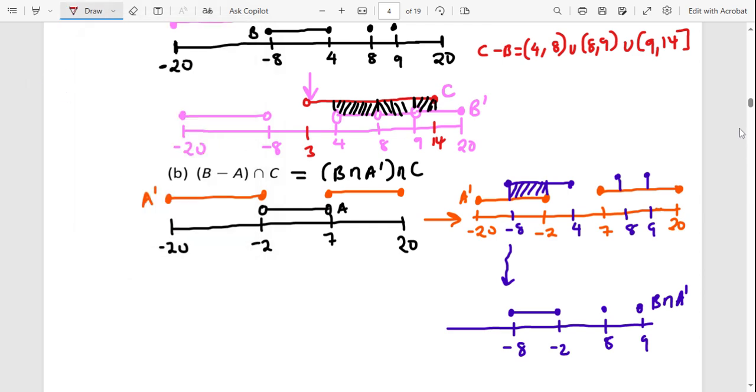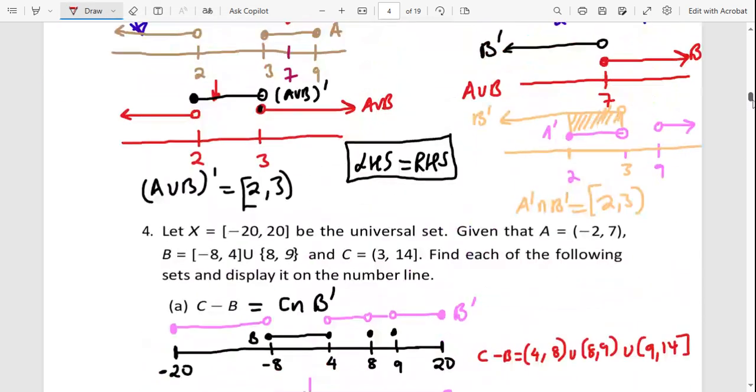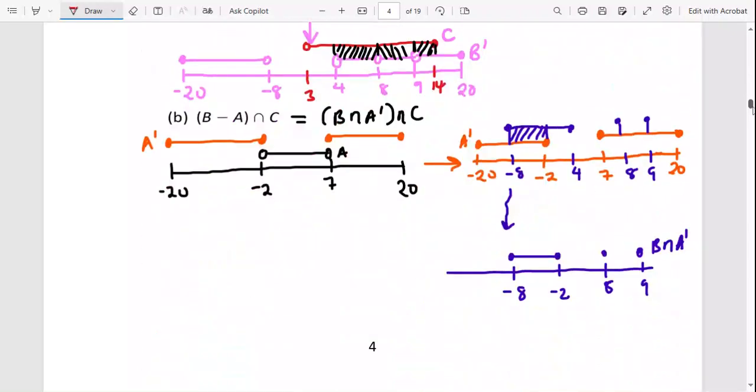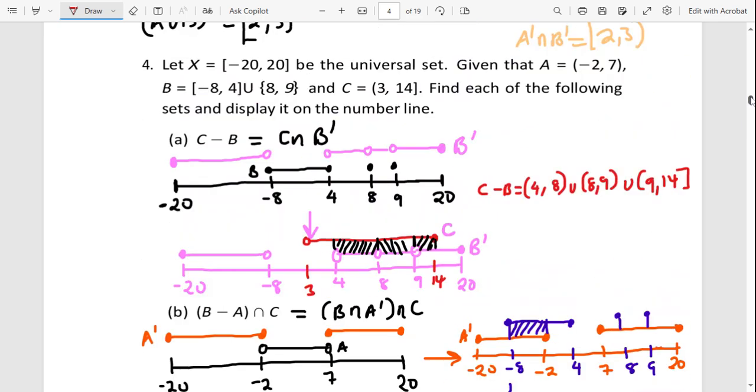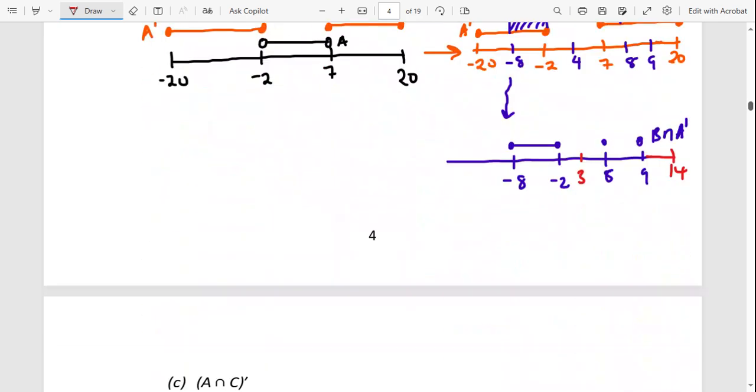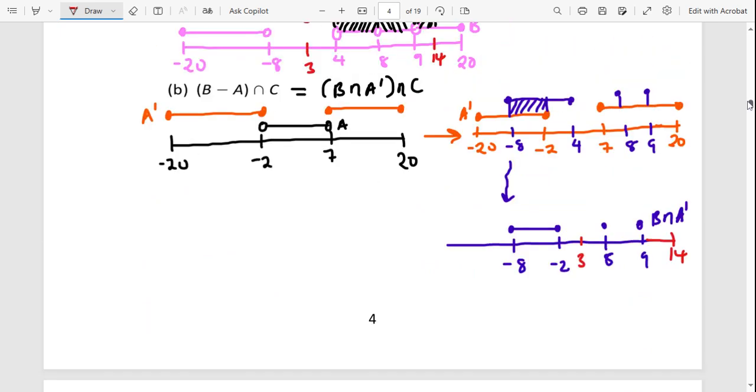And the set C is from 3 to 14. So 3 will be somewhere here, 14 will be somewhere there. So 3 to 14, 3 is not included but 14 is.